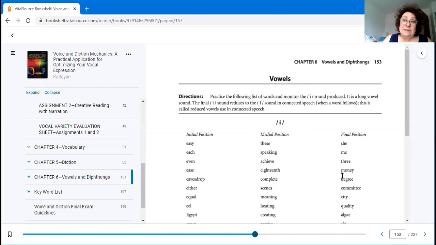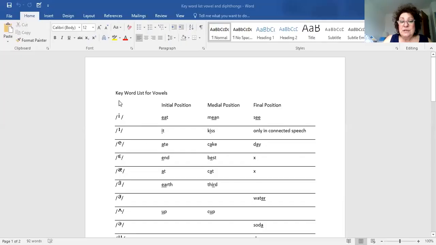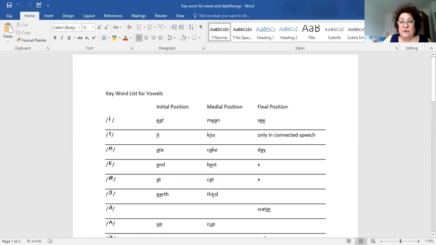So the vowels are a little bit harder to learn because you may confuse them with the alphabet as you know it. So in order to help you with this, I'm going to stop sharing your book for a minute, and I'm going to show you the keyword list that I had placed up onto your blackboard. So down the left-hand side are all of the vowel and diphthong symbols.